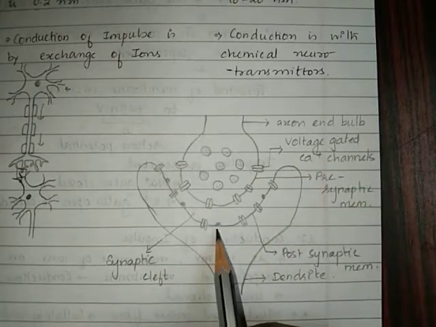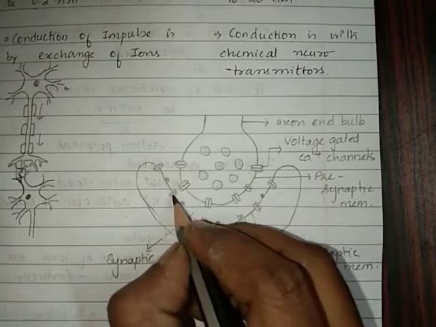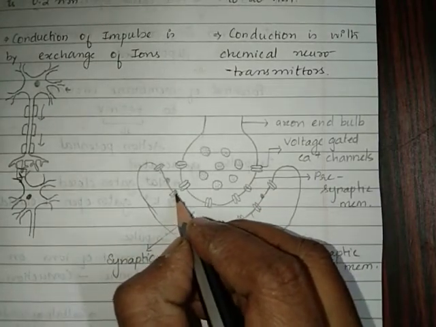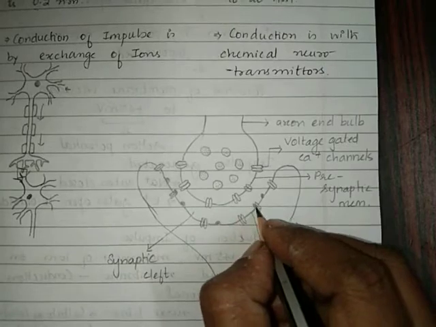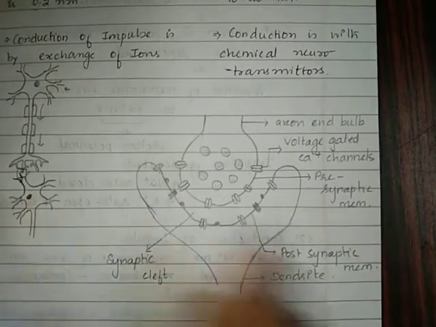Next, in the postsynaptic membrane there are 2 different types of structures, actually 3 different types of structures. So I'll shade out one type. So 3 different types of structures are present.